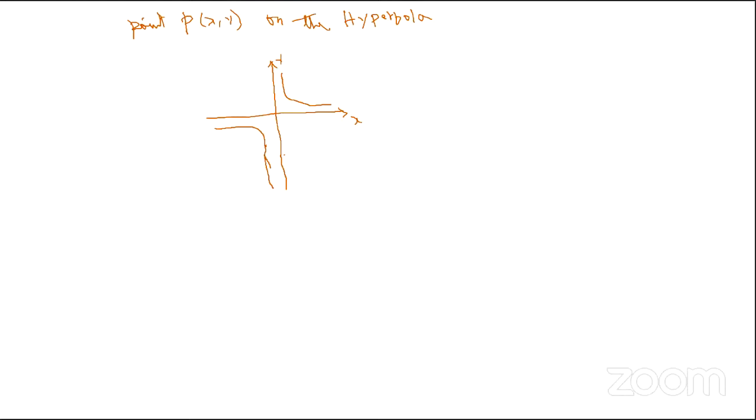The curves do not touch the x-axis and y-axis; they go until infinity. Such lines are known as asymptotes. And then y equal to c by x, with your point P(x, y) satisfying the relation.